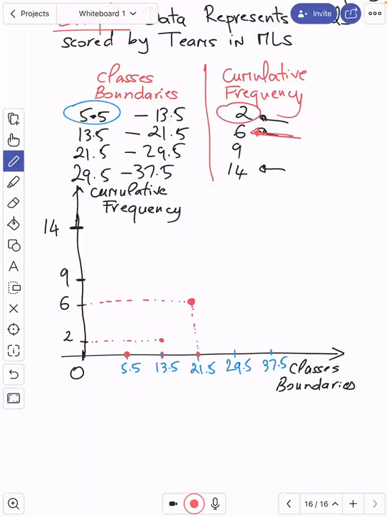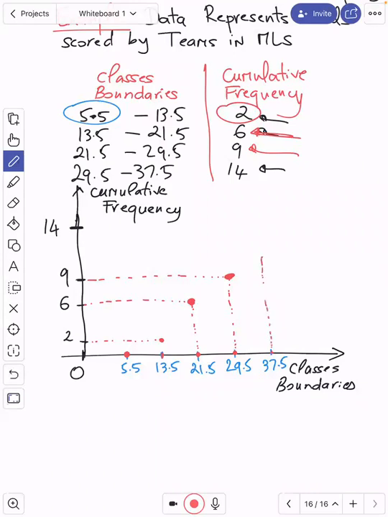Now, for the third class, you're going to use 29.5, and the cumulative frequency is 9. So I'm going to go up to 9, right here. That point represents the cumulative frequency of the third class. And now for the last class, the cumulative frequency is 14.